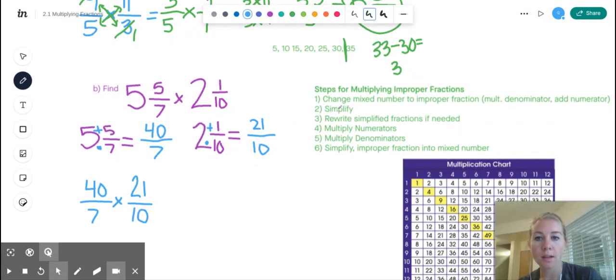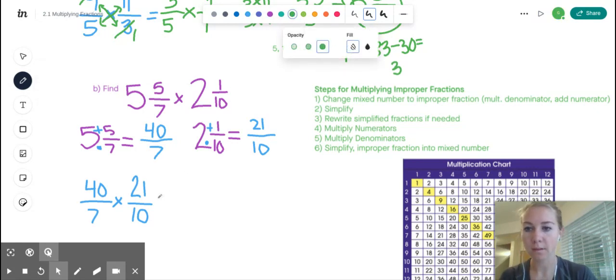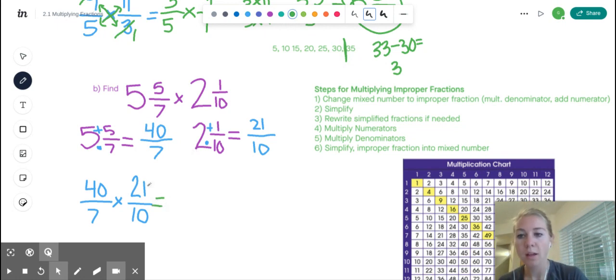Okay, step 2 is to simplify. Simplify before you multiply. So to simplify, we look across instead of up and down.